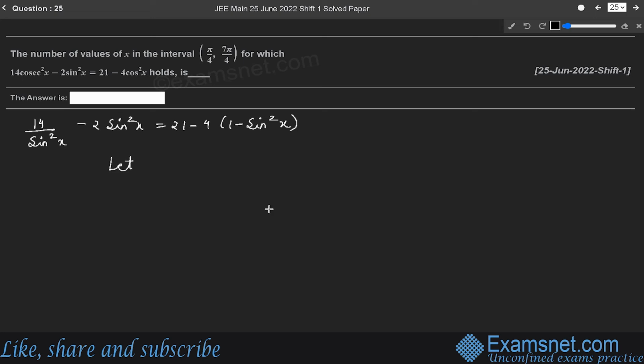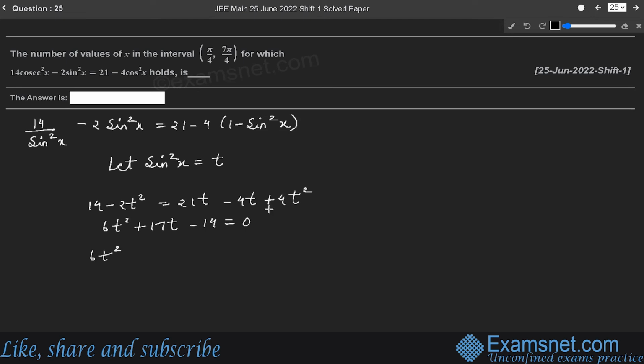Now, let sin square x is equal to t. So 14 minus 2t square will be equal to 21t minus 4t plus 4t square. So 6t square plus 17t minus 14 is equal to 0.